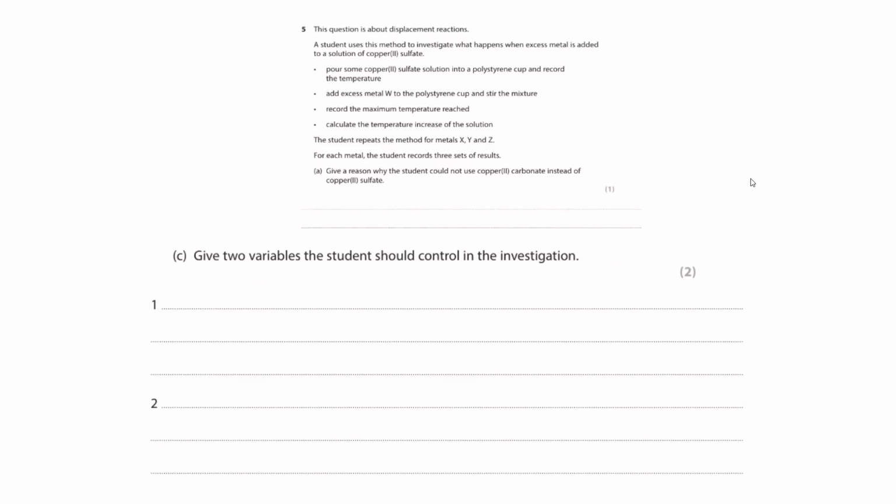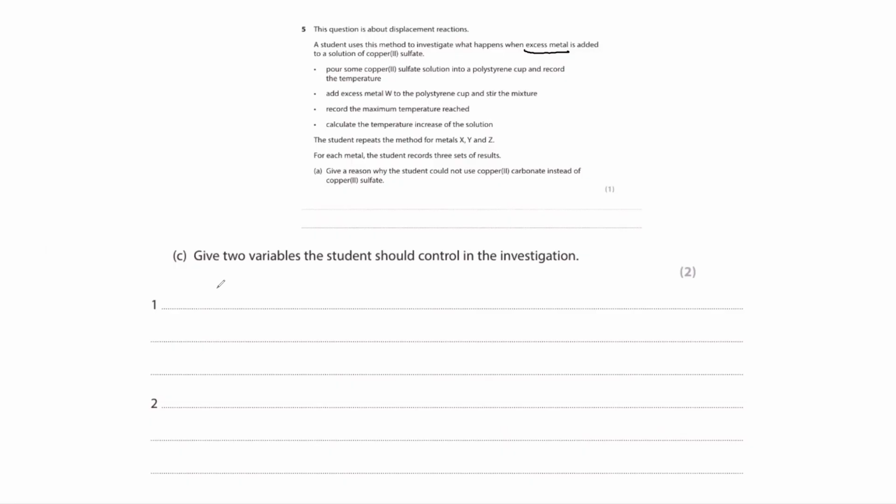Now they're asking, give two variables the student should control in the investigation. The common mistake students make in this one is saying to use the same mass of the metal being added. Wrong. Since we have to add excess metal, don't write that we have to use the same mass of the metal.